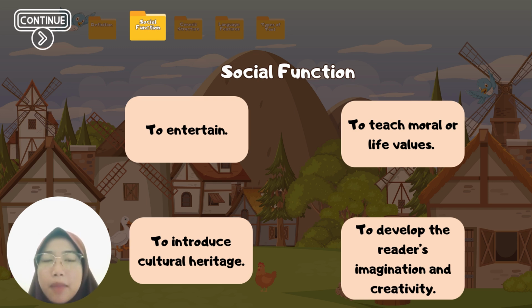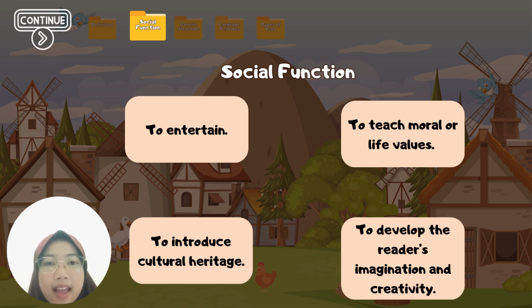It means that by reading a narrative text we can become entertained. And then the second one is to give us a moral value or life lesson. It means that narrative text contains a moral value and life lesson which benefits us. And then the third is to introduce cultural heritage.